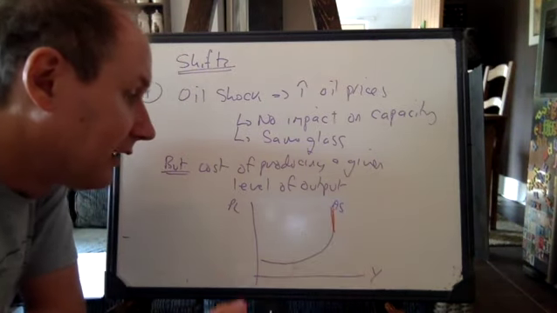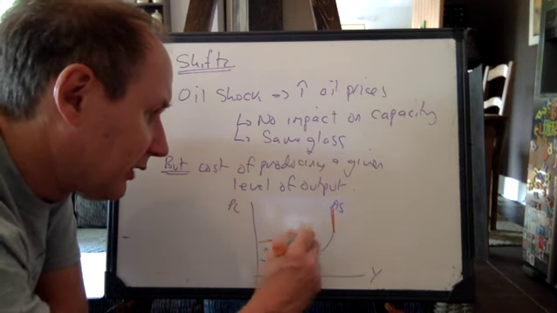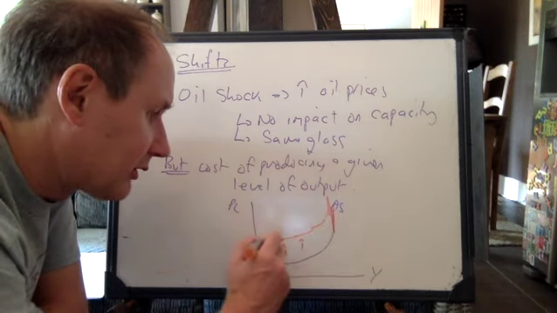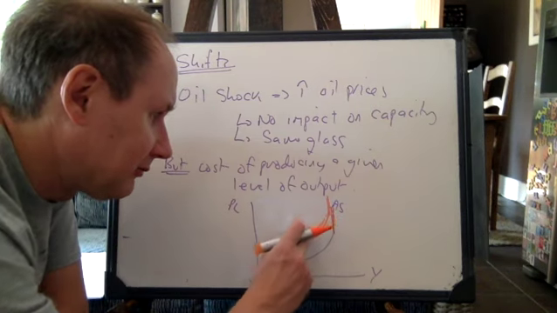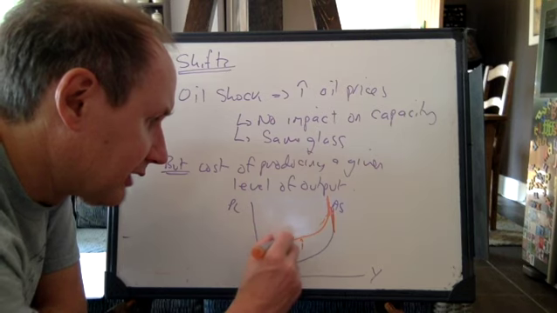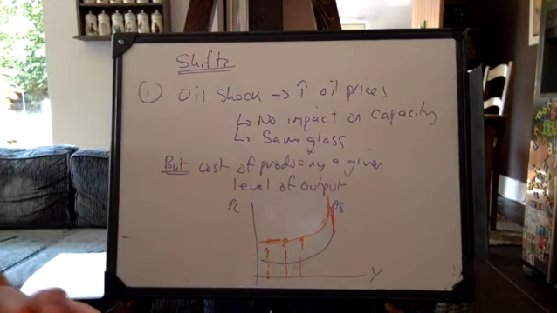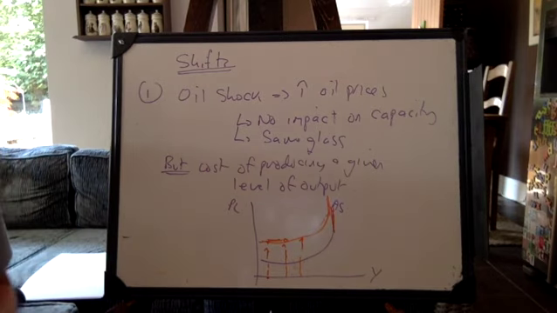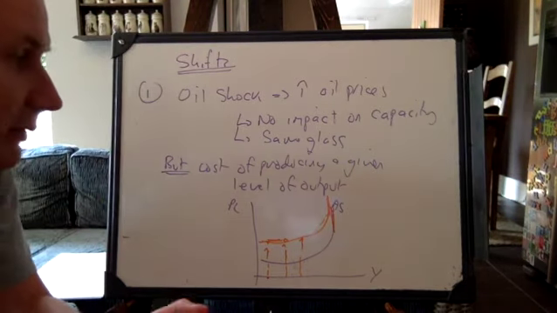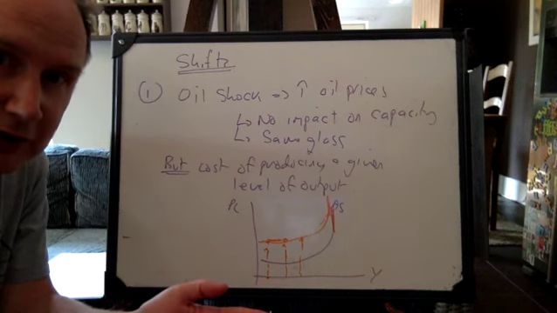What's happening is that an increase in oil prices simply increases firms' costs, and we end up with something that looks like that. At a given level of GDP, the price level is forced up. We can look at the consequences of some of that later. But that's what causes a vertical shift in your aggregate supply function.